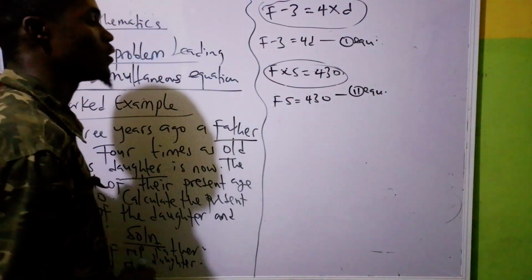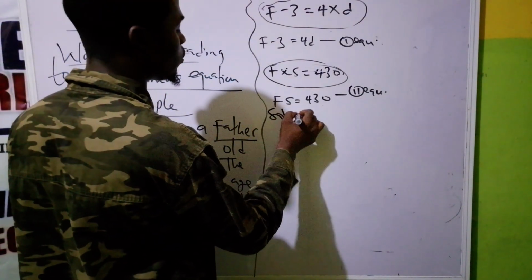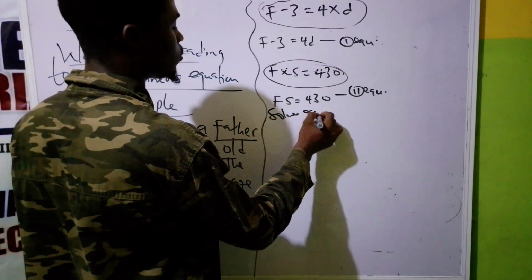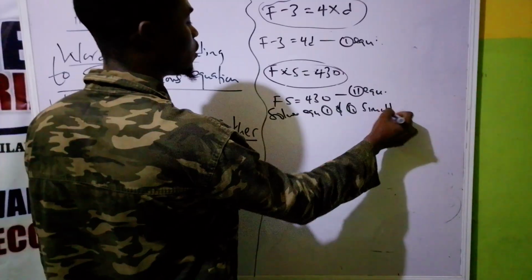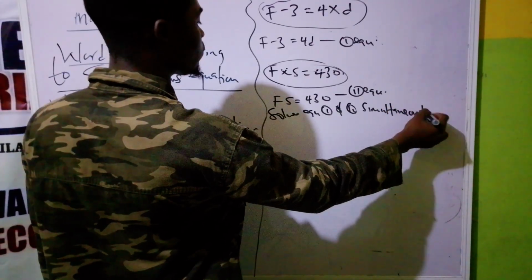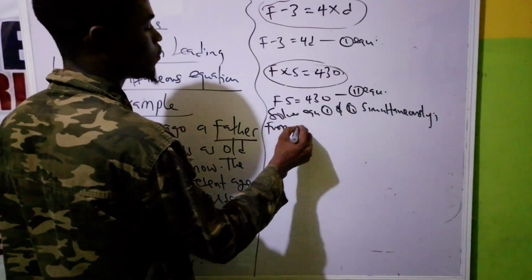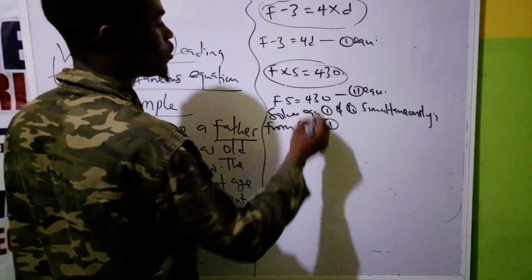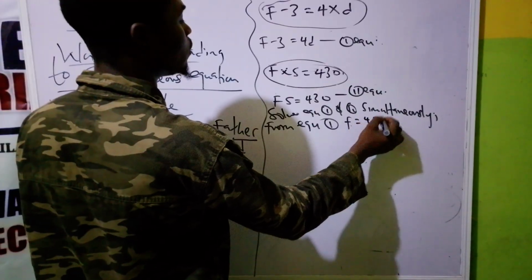Now that you have this, it's very easy. We are now going to solve equations 1 and 2 simultaneously. From equation 1, you agree with me that F equals 4D plus 3.